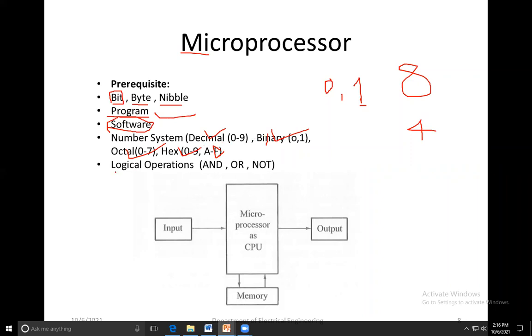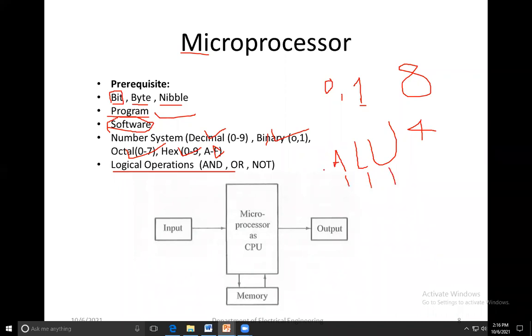Then there are logical operations. Logical operations are AND, OR, and NOT. In your microprocessor or microcontroller, there is one unit called the ALU. In that unit you are working with arithmetic and logic: A means arithmetic, L means logic, and U means unit.